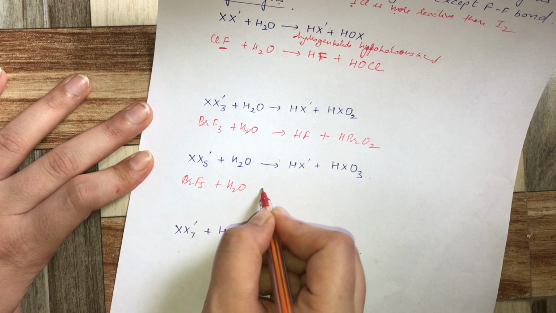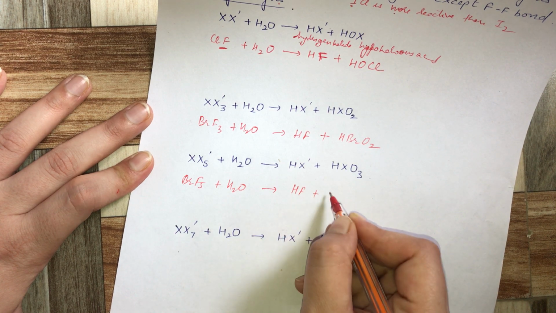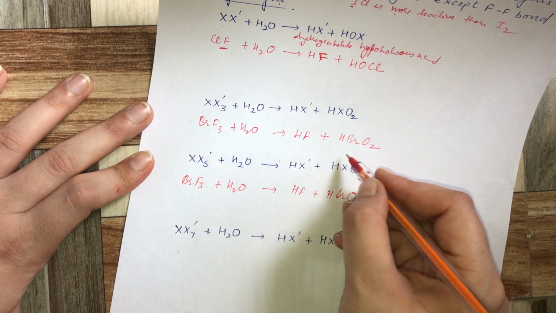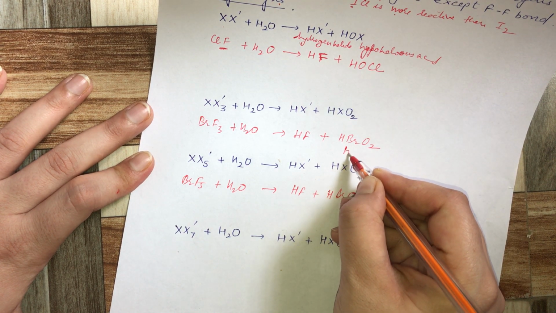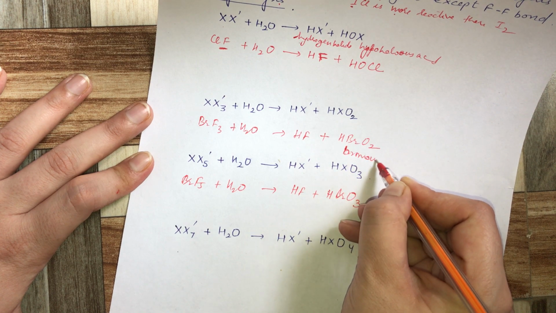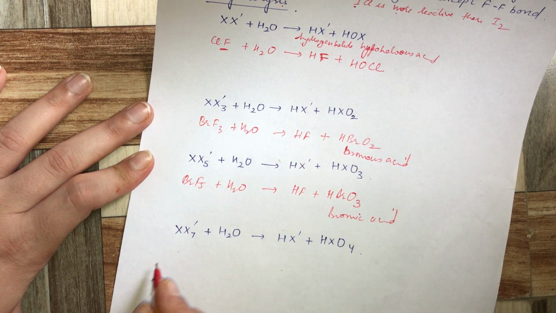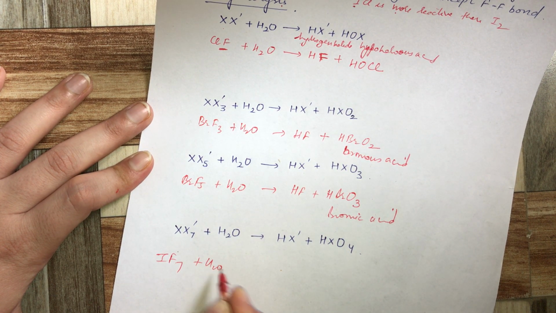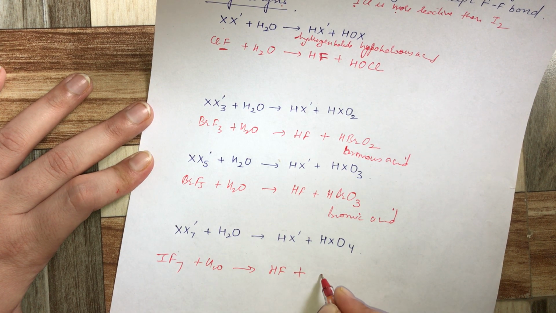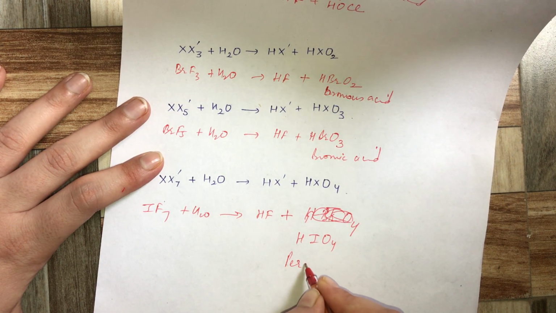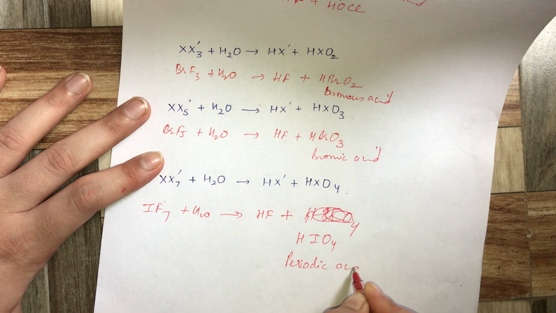Now suppose we have BrF5 plus water. It will form HF plus HBrO3, which is bromic acid. Now if IF7 reacts with water, it will form HF plus HIO4, which is periodic acid.